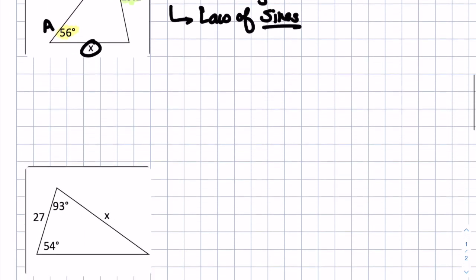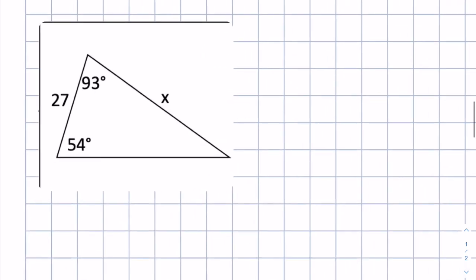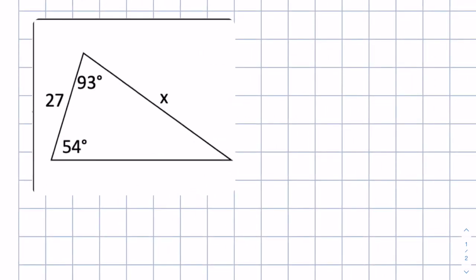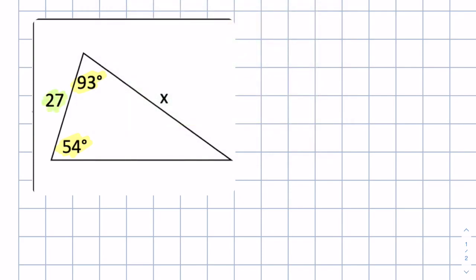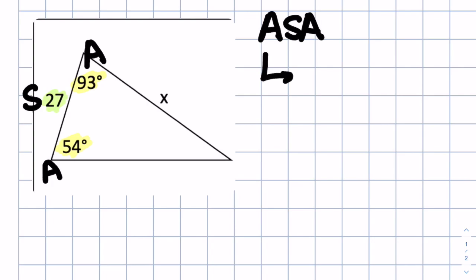Okay, let's go down here. Here we have angle, angle, and we have a side stuck between, right? So this one would be called angle, side, angle. If we have ASA, ask yourself, do you know more angles or do you know more sides?